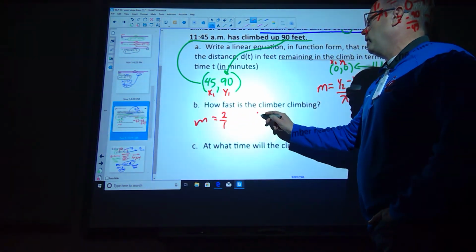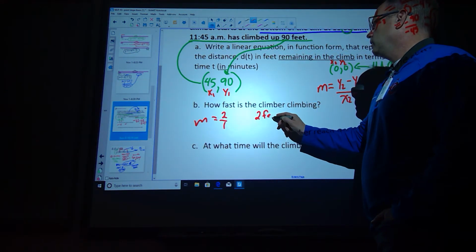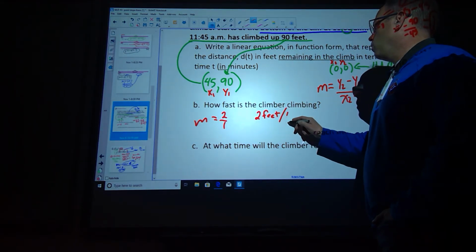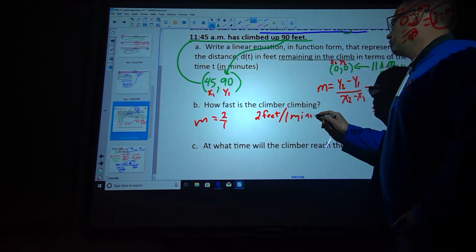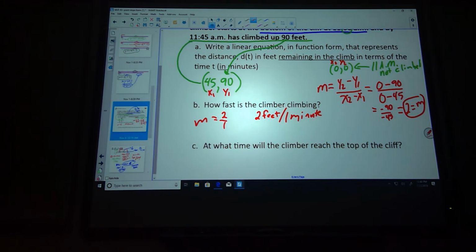So the climber is going 2 feet per 1 minute. That's what the slope means in the context of this problem. At what time did the climber reach the top of the cliff? I have no idea. At this rate, it could be sometime next year. 2 feet per minute. Jeez.